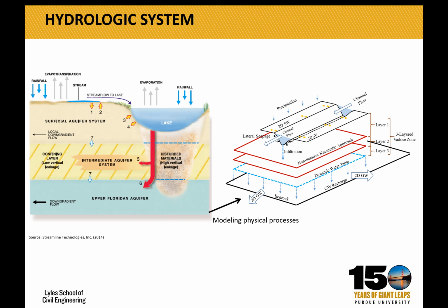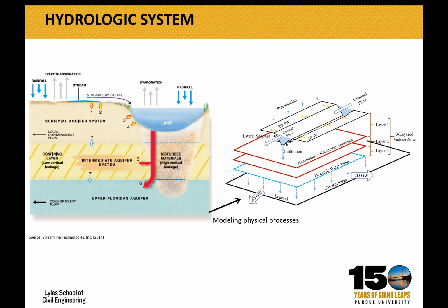So when we try to manage water or plan for water in the future, we want to understand how our hydrologic system works. So on the left, you see the hydrologic system and the different processes that are part of the hydrologic system. So we have rainfall, evaporation, infiltration, percolation, groundwater flow, and so on.